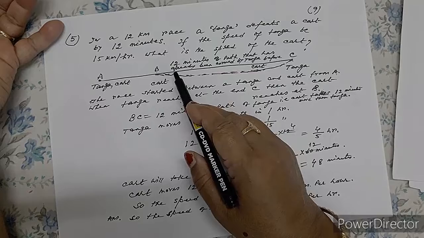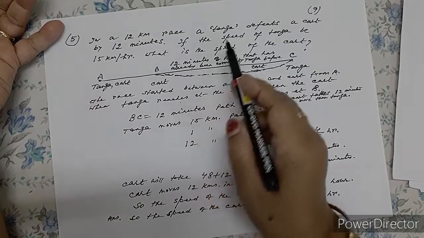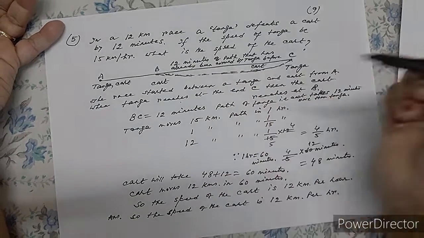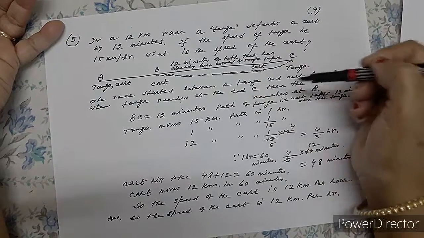How much time was it lagging behind? 12 minutes. So first we have to find out the time taken by the Tanga.